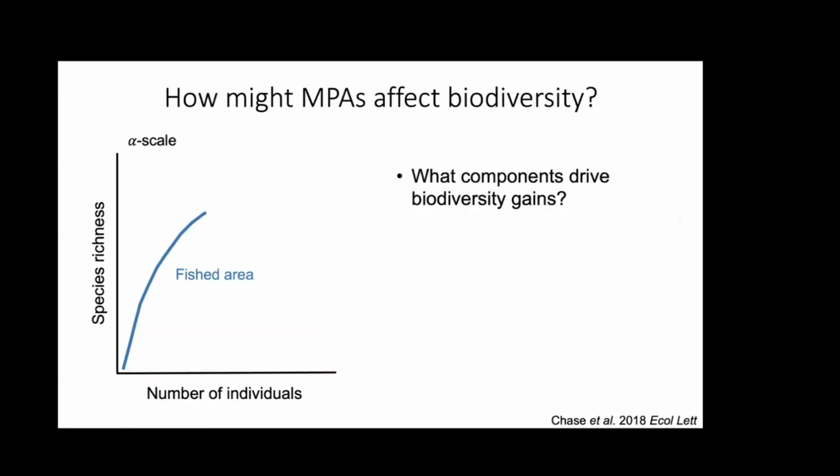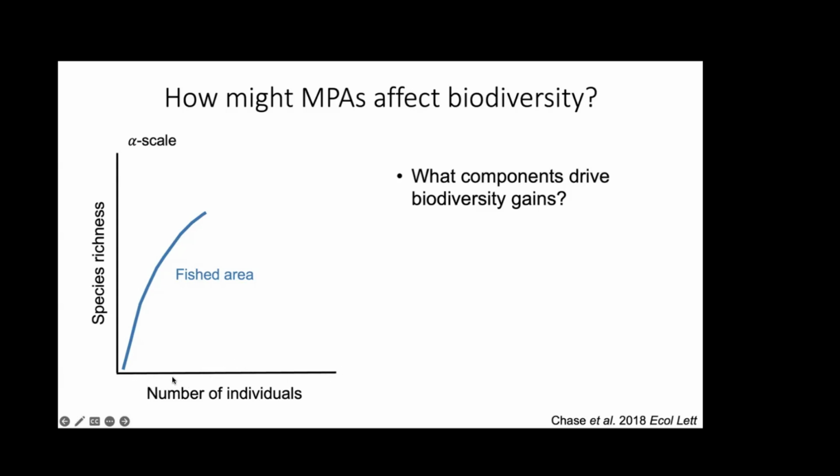And so I want to step back a little first to illustrate, using this rarefaction curve, how we might be able to visualize one particular hypothesis for how MPAs might affect biodiversity. I didn't show in these slides, I'm sorry, the most common response to protection in marine protected areas, which is actually this x-axis.